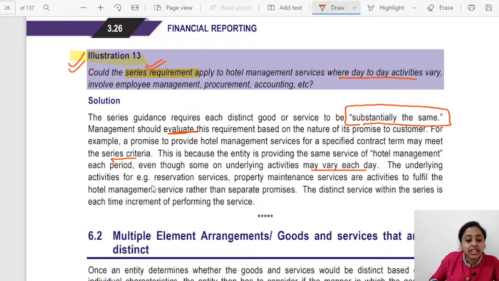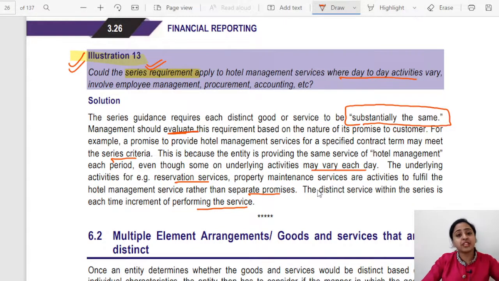The underlying activities, for example reservation services and property maintenance services, are activities to fulfill the hotel management service rather than separate promises. The distinct service within the series is each time increment of performing the services. It is said that it could be a series requirement, but it depends on how the hotel management has done the contract.